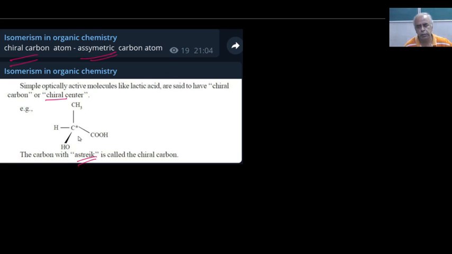So it may exhibit optical activity. Why? Because there is no plane of symmetry, because it can exhibit non-superimposable mirror images, and not only that, there is no symmetry at all in any planes. Okay, so it is optically active. So likewise, we have to decide whether a compound is optically active or not. Do you understand?